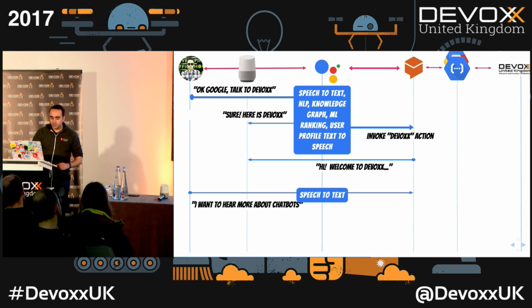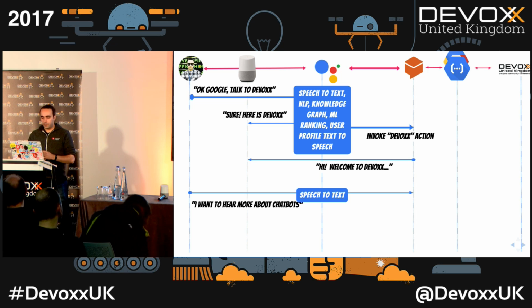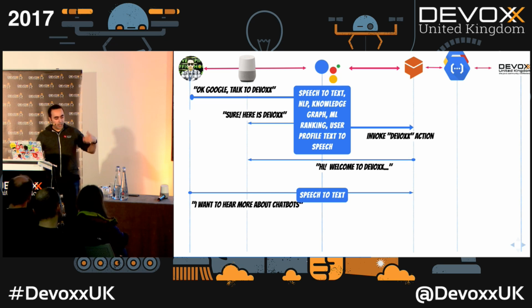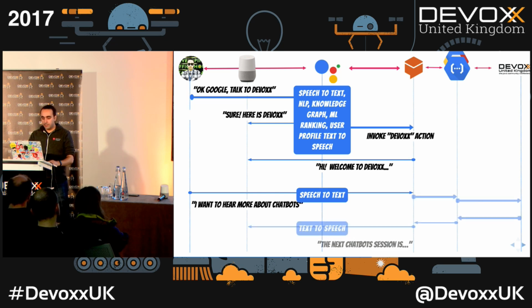Then, okay, so say, hi, welcome to Devoxx. This is my agent started by API.AI, and then I interact directly with the agent. Remember, when you hear this earcon, my agent started, so I can interact with it directly.